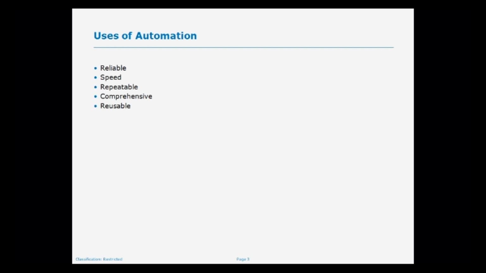So once you develop a script and the features in the application are changing, what happens? You are supposed to change the code also, right? So it would be hectic for us. So we should not go for automation until and unless the application is stable.